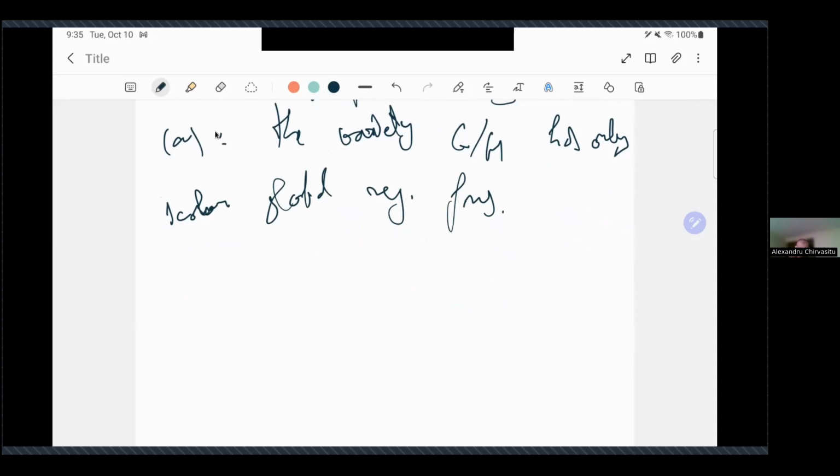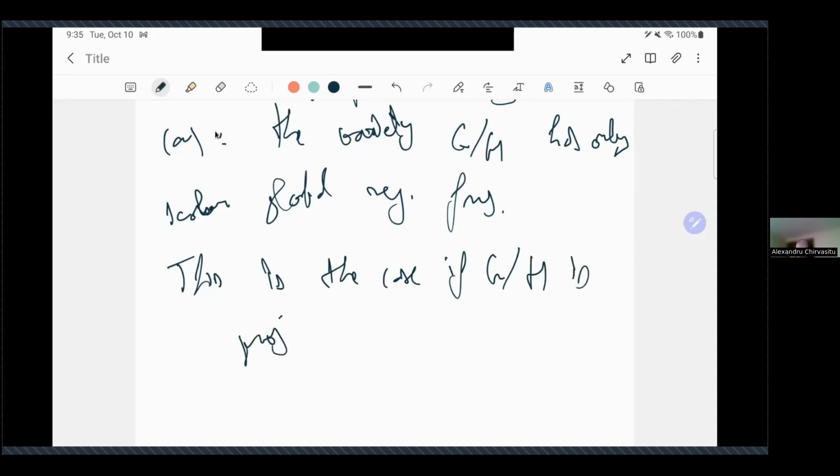Now, this is of course the case if G mod H is projective, so if H is parabolic. This is a general fact about projective algebraic varieties. Connected projective algebraic varieties have only scalar global functions.